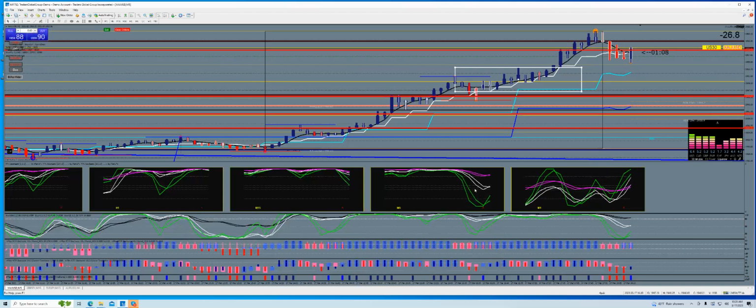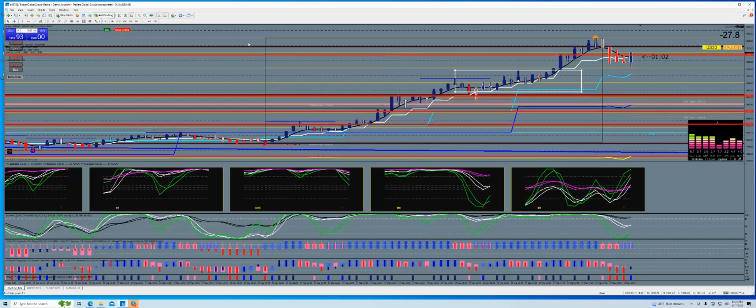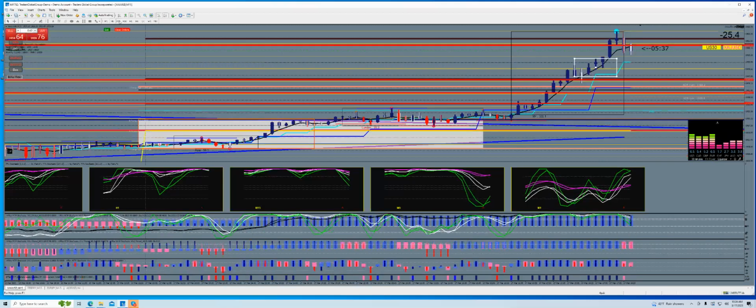So now I'm forced to wait for the 5 minute to finish the cycle and come back down because I didn't get out. What does the 15 minute look like?